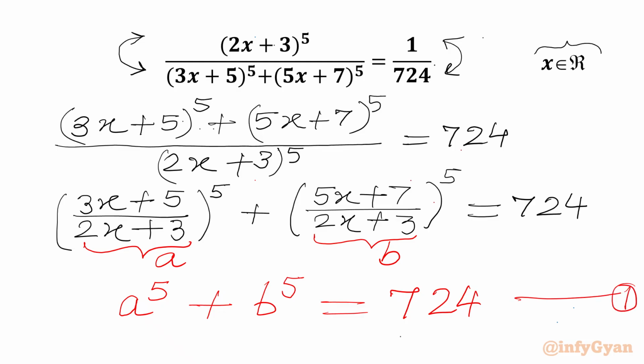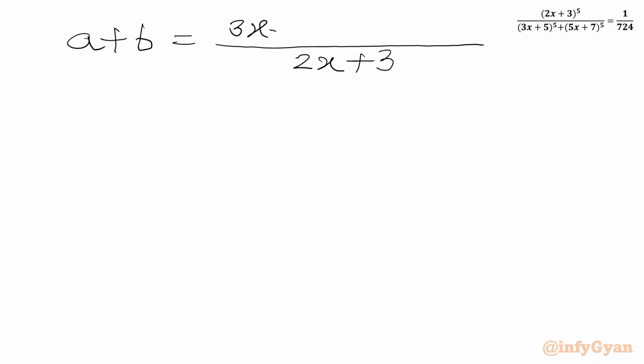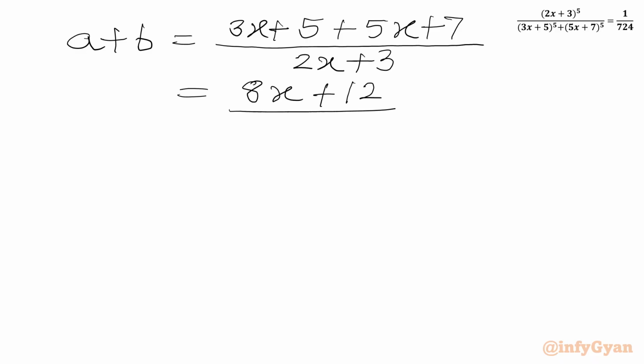Now I will add A with B. So I can write here A plus B value. Now denominator is same, so we will put 2x plus 3 in the denominator and numerator will simply write 3x plus 5 plus 5x plus 7, which will give us 8x plus 12 in the numerator and denominator is 2x plus 3.